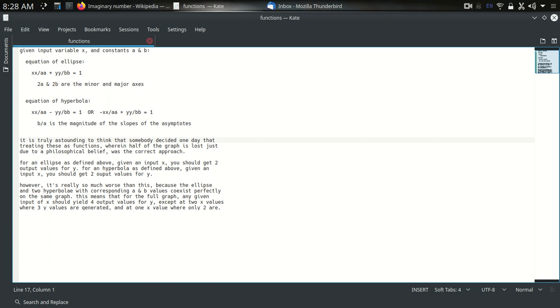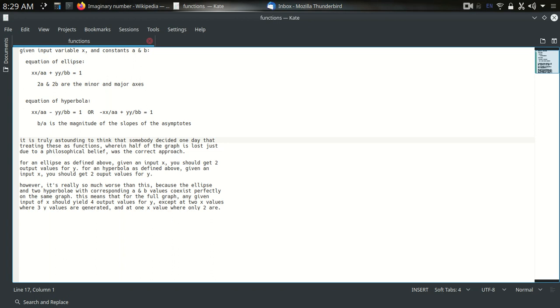So somebody was like, oh, this is the equation of an ellipse, but actually only the top half is what we're mathematically modeling here. We're not modeling the entire ellipse, because functions. That's ridiculous.